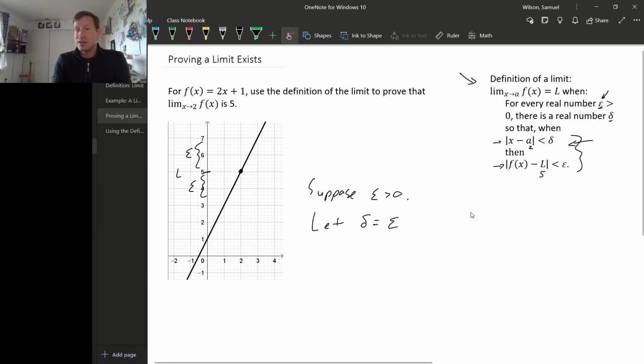Okay, so we've chosen a delta. Now we can try to check this property. Let's suppose that we have an x value that is delta close to 2. And remember, delta is just epsilon.